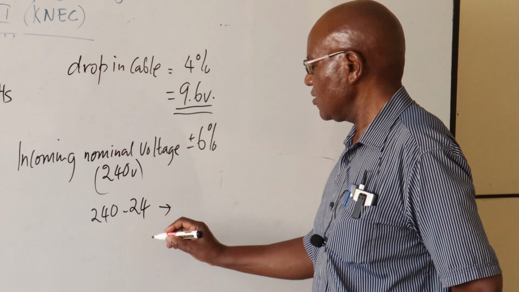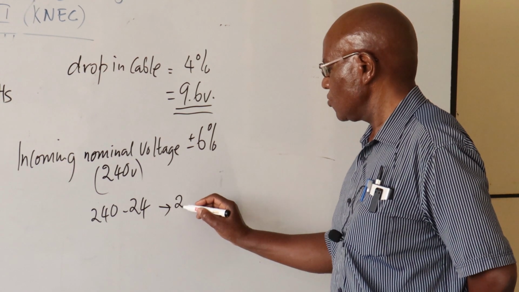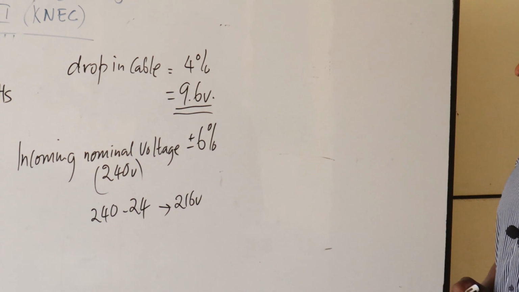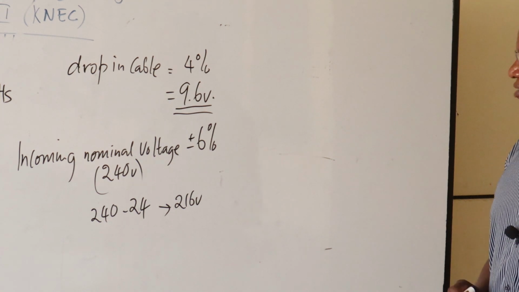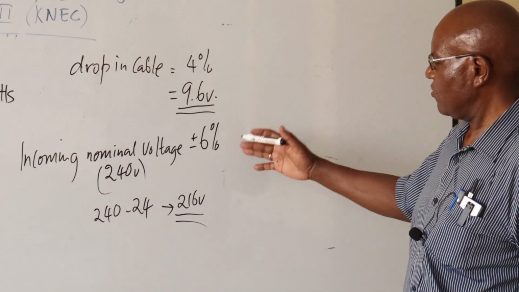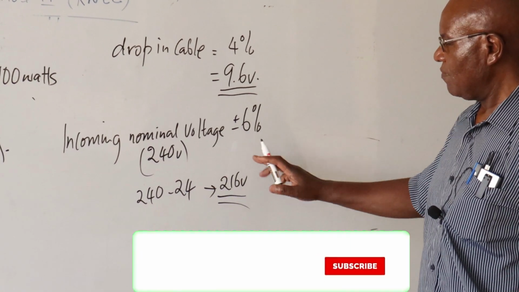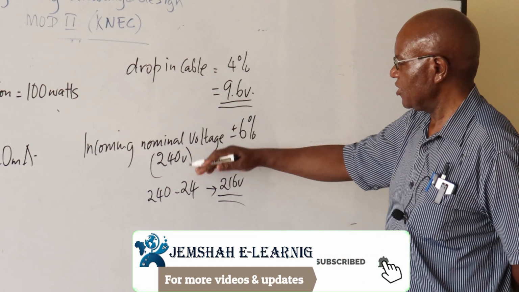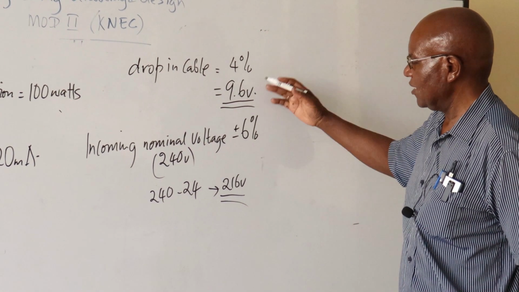You are left with 216 volts. Yes, 216 volts. That is the worst scenario, the voltage you can play around with. The drop in the cable is 4%, and the nominal voltage from KPLC can go plus or minus 6%.